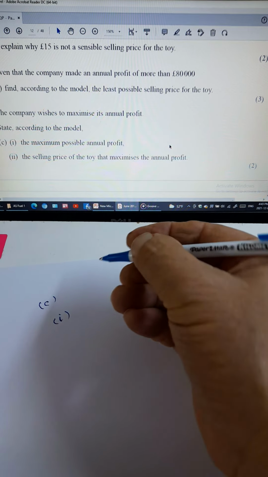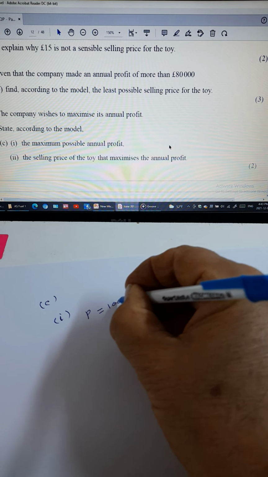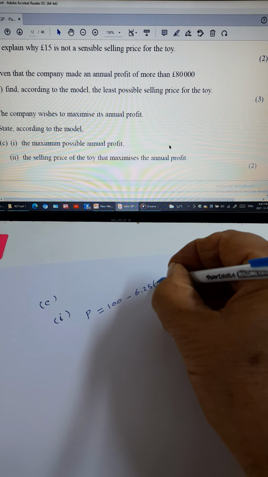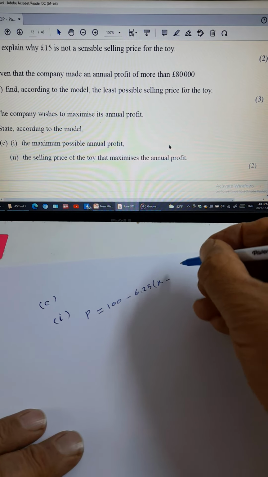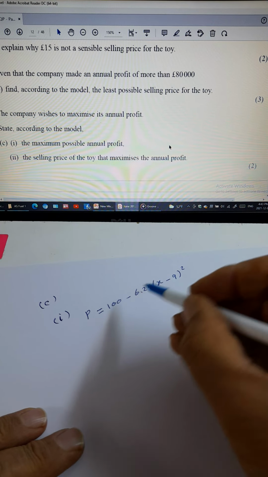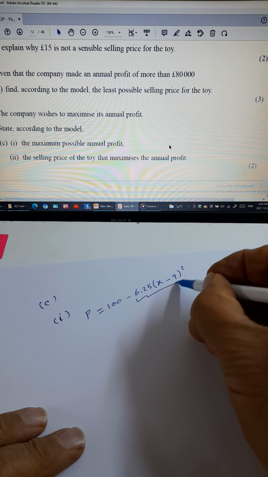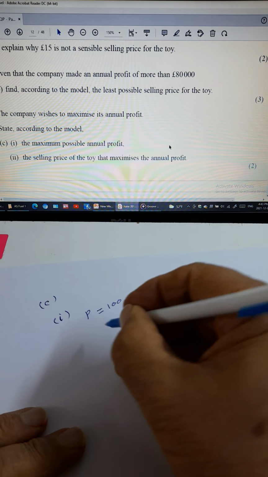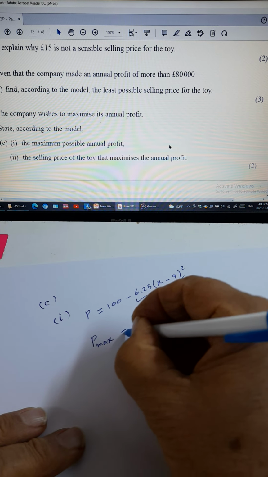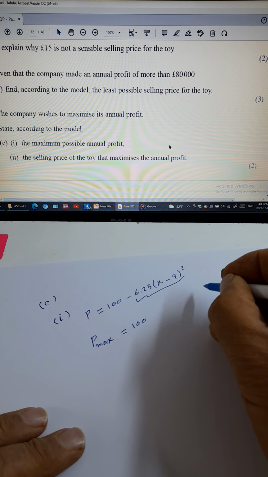From the equation P equals 100 minus 6.25 times x minus 9 squared, the maximum value of P is when this quantity is 0. So P max equals 100,000 pounds.